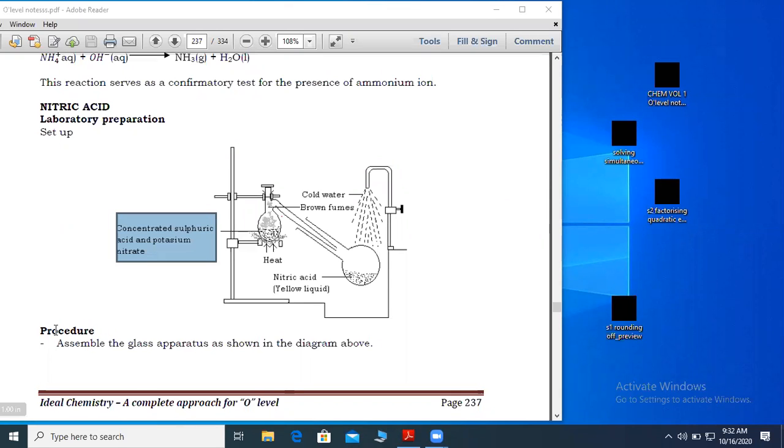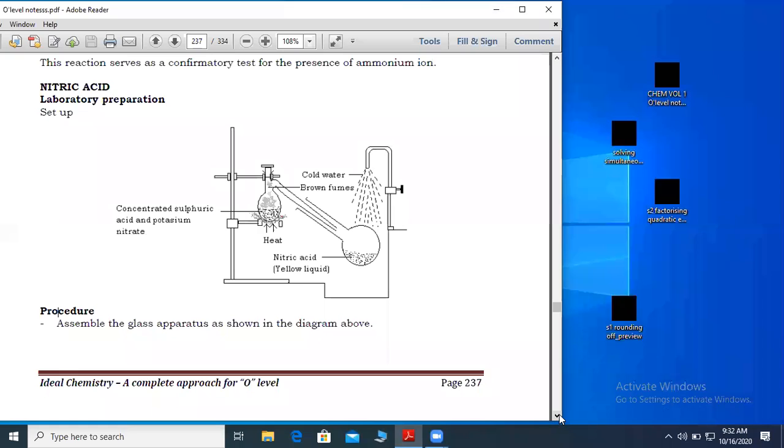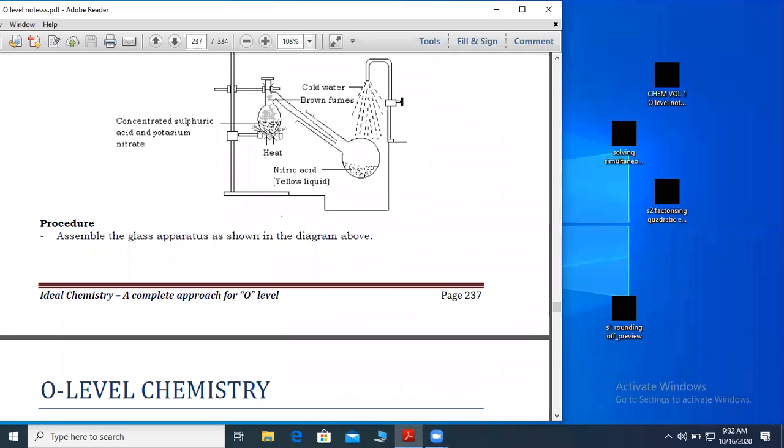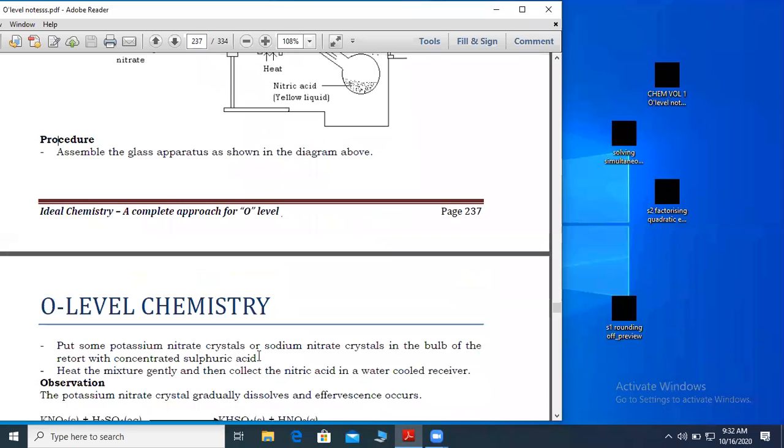So this is the apparatus. Assemble the glass apparatus as shown in the diagram. You can see. Then put some potassium nitrate or sodium nitrate crystals in the bulb of a retort with concentrated sulfuric acid.